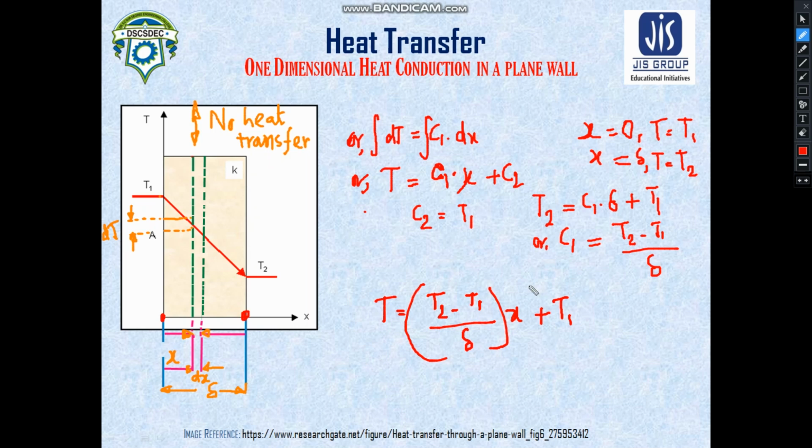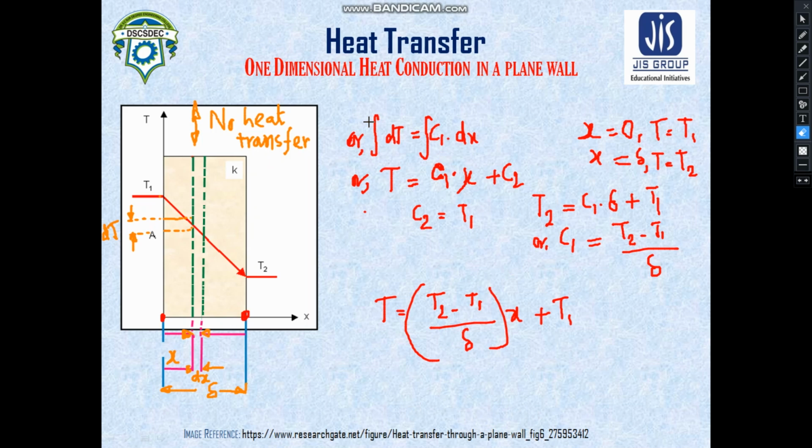You can easily understand that this equation resembles the straight line equation y equals mx plus c. This m is this one. So it is quite simple to understand that this is nothing but the equation of a straight line. So we get a straight line here. So now we have derived the temperature distribution within a plane wall.